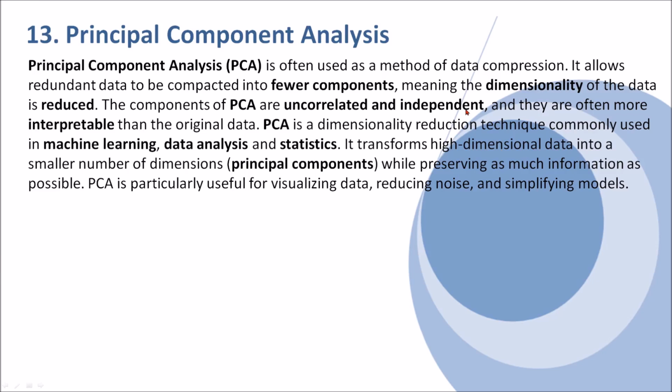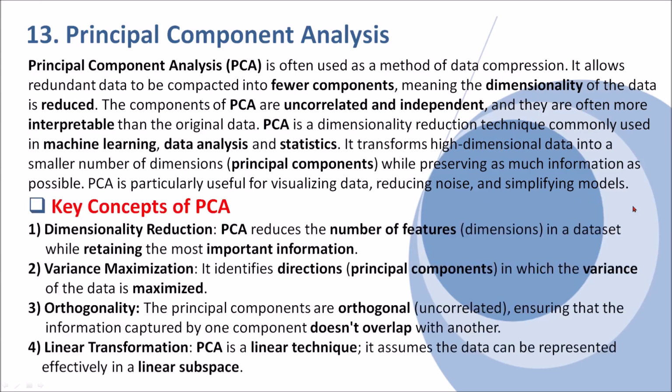PCA is a dimensional reduction technique commonly used in machine learning, data analysis, and statistics. It transforms high-dimensional data into a smaller number of dimensions, namely principal components, while preserving as much information as possible. PCA is particularly useful for visualizing data, reducing noise, and simplifying models.